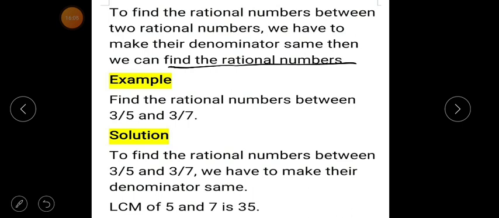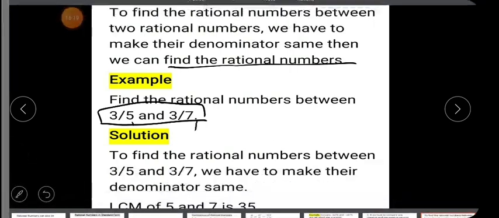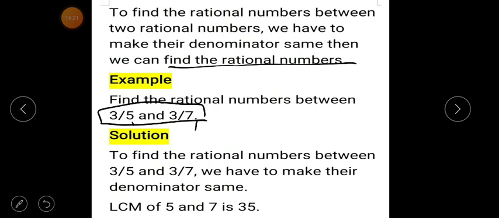Find the rational numbers between 3 by 5 and 3 by 7. Now to find the rational numbers between these two numbers, first we will equate their denominators. So we will multiply 3 by 5 by 7 by 7 and 3 by 7 by 5 by 5.